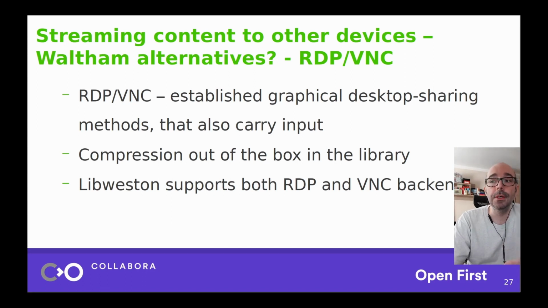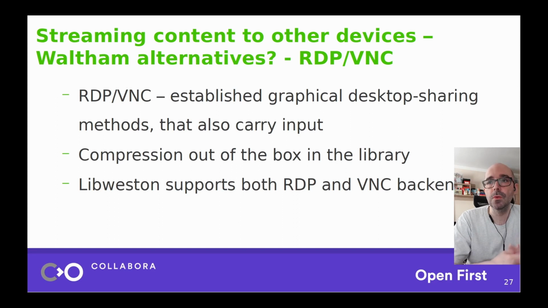You have compression out of the box in the library, and libweston supports both RDP and VNC backends. So technically, it wouldn't be that hard to have this RDP and VNC.